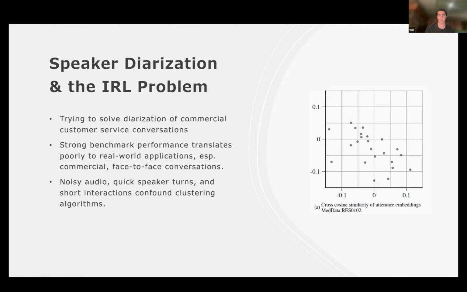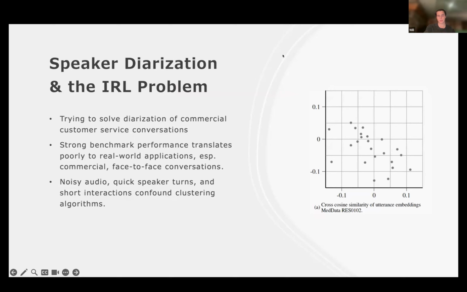Because of that, the embedding clusters of the audio, which are used by most clustering-based speaker diarization tools, have no clearly delineated clusters for each of the two speakers. So a naive clustering algorithm looking at this plot would find it really hard to draw the line between who's speaker one and who's speaker two, in this case, who is the doctor and who is the patient.